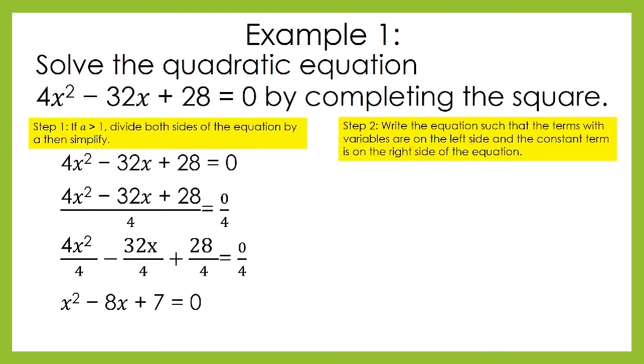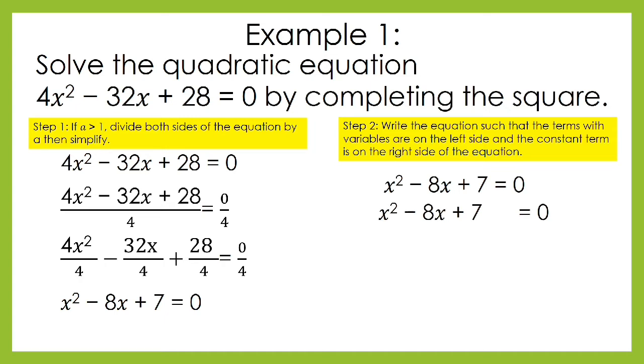Step 2. Write the equation such that the terms with variables are on the left side and the constant term is on the right side of the equation. This is our equation. X squared minus 8x plus 7 equals 0. Ang nasa left side lang natin dapat ay yung may mga variables na x, which is x squared, and negative 8x. Si constant term na si positive 7 ay dapat nasa right side ng equation.